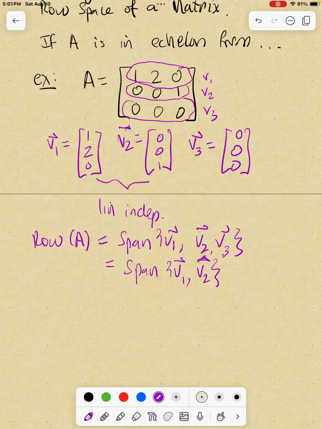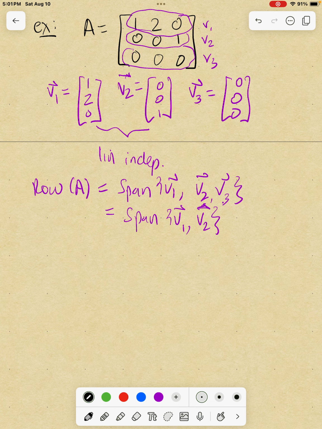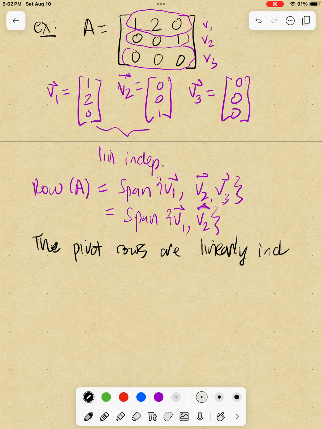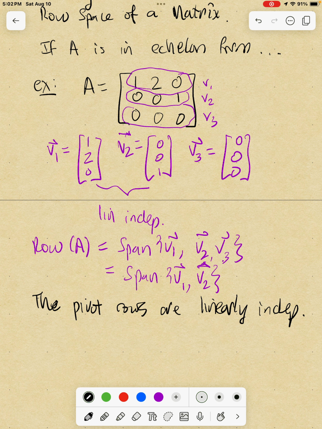And in general, when a matrix is in echelon form, the pivot rows are going to be linearly independent. It's probably a good idea to do some examples to see why this is true. So the pivot rows are linearly independent. Now, if the matrix is in echelon form, every row is either a pivot row or a 0 row. So therefore, the pivot rows span the row space.